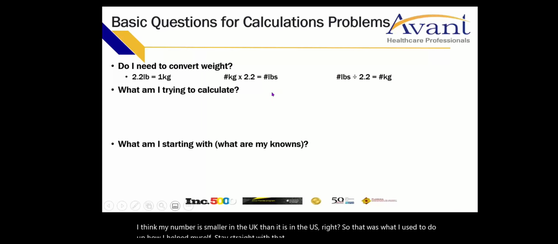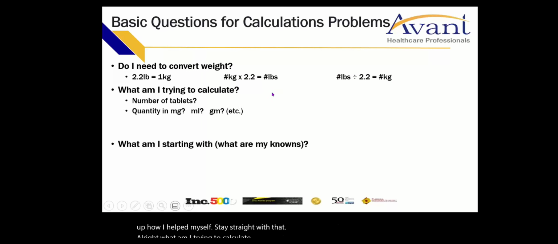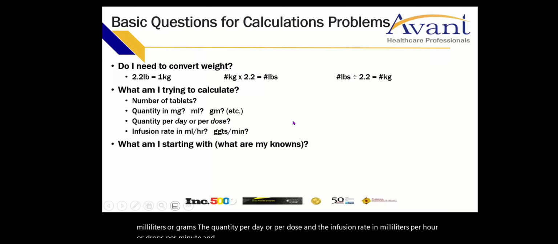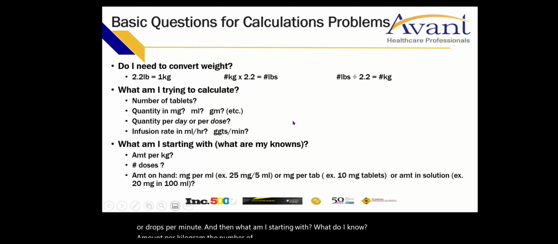All right, what am I trying to calculate? The number of tablets, the quantity in milligrams or milliliters or grams, the quantity per day or per dose, and the infusion rate in milliliters per hour or drops per minute. And then what am I starting with? What do I know? Amount per kilogram, the number of doses, the amount on hand.